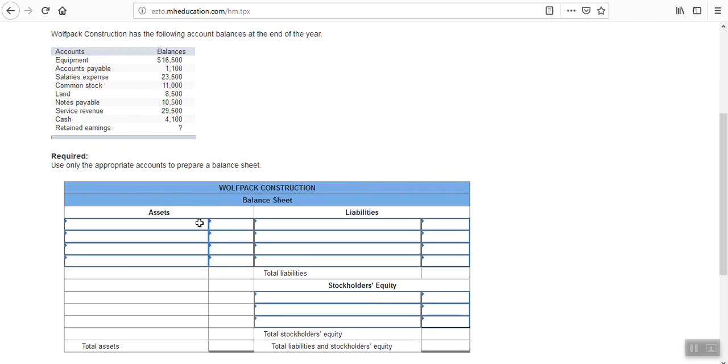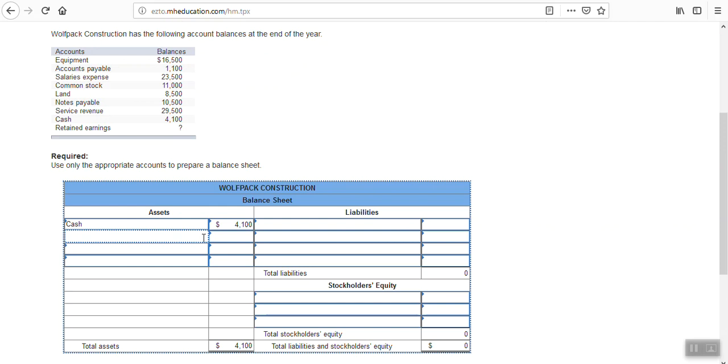So we need to list our assets. To do that, we're going to click on the, well, I guess it's going to make us, aha, there we go. It should show a drop down menu, but that was glitching. If it doesn't, just try to type. So we're going to list cash, and we're going to put in the amount.